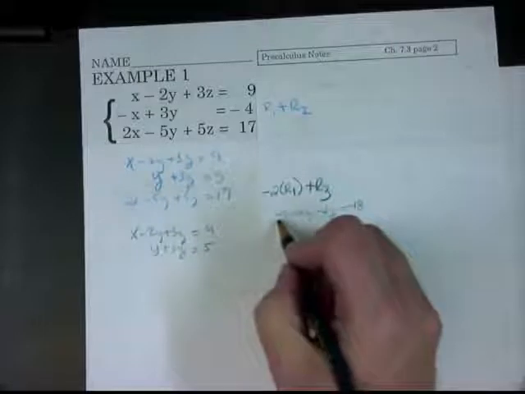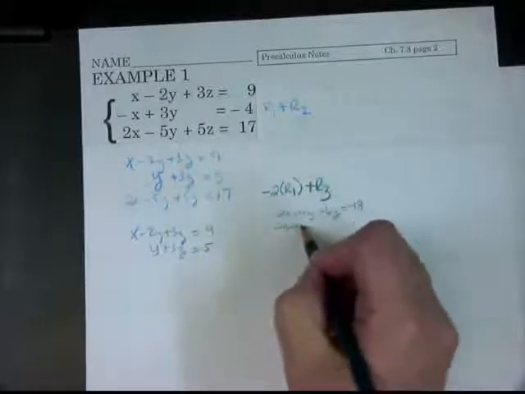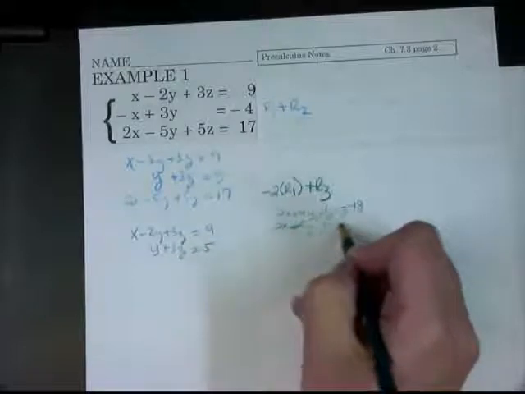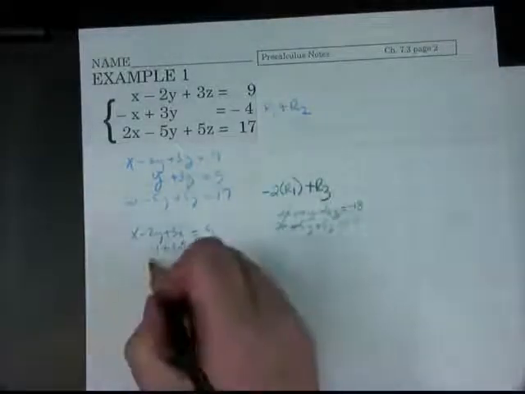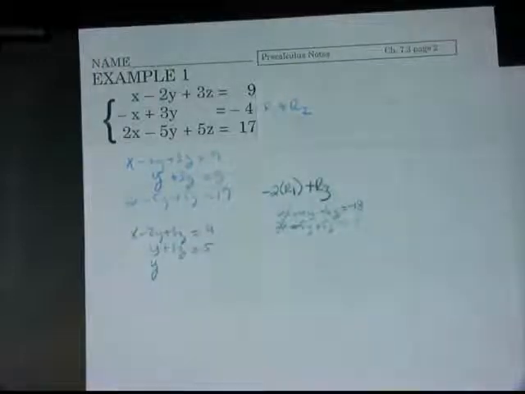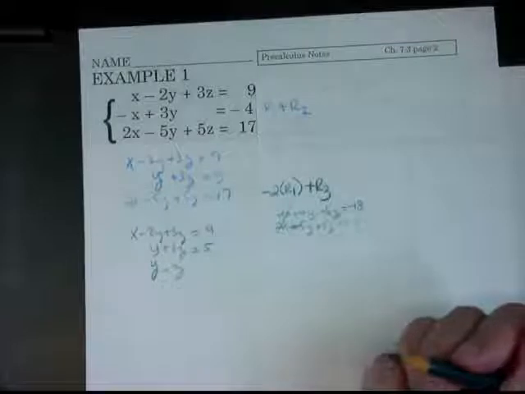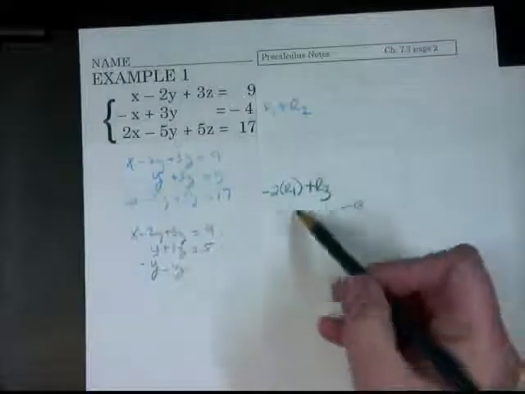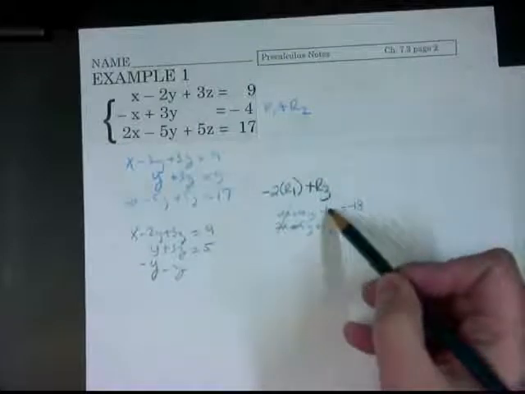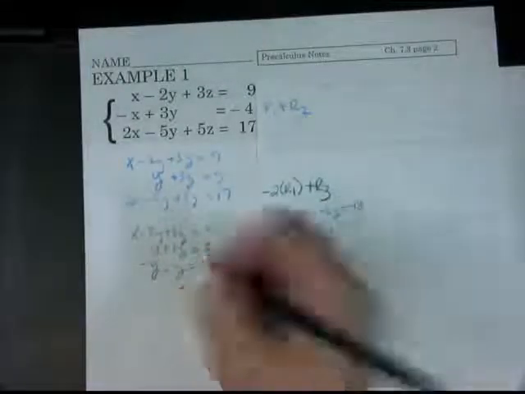Row 3, I'm adding this multiple of it. So what does it become? Well, the x's go away, and I get a y. I get a negative z. And, oh, I'm sorry, a negative y, because that's a negative 1, negative z. And then I get a negative 1.